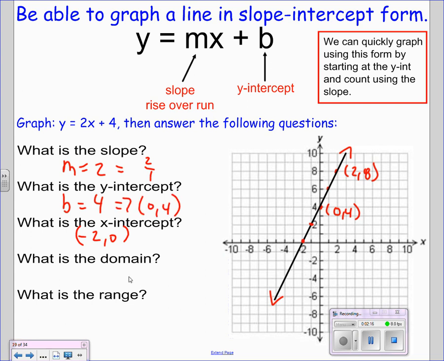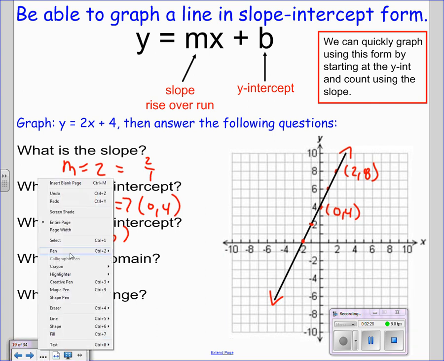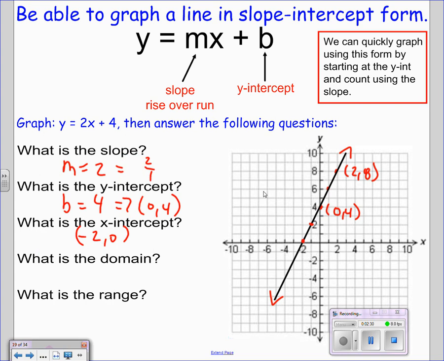Now we're going to talk about the domain. And we kind of talked about it on the previous relations and functions video. But anytime you have a line, the furthest left it'll go, because there's arrows down here, that means it's going to keep going forever. So it goes forever until negative infinity.